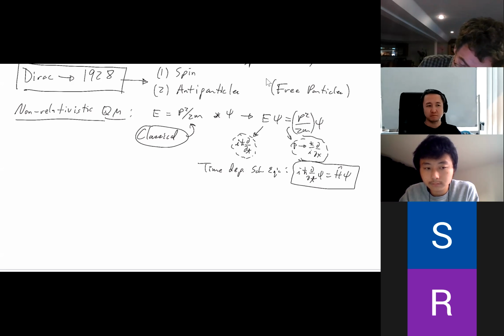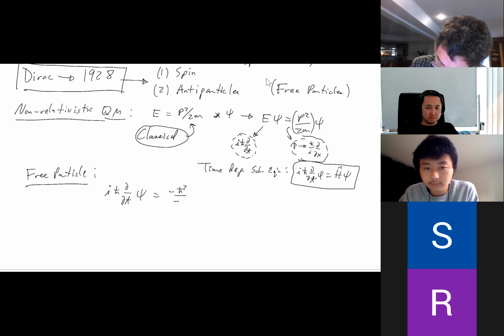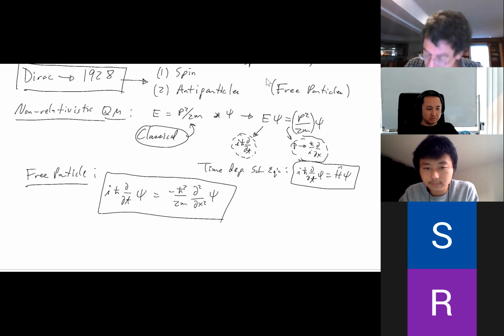Then for the free particle, we get i h bar d/dt psi equals negative h bar squared over 2M d squared/dx squared psi, in 1D. That's the free particle Schrodinger equation that you've all seen many times.